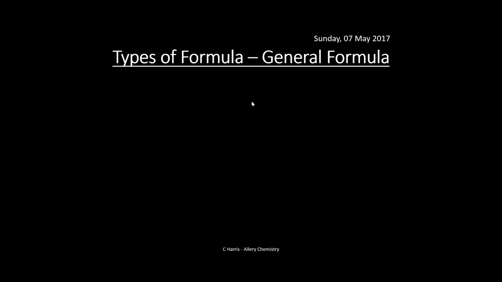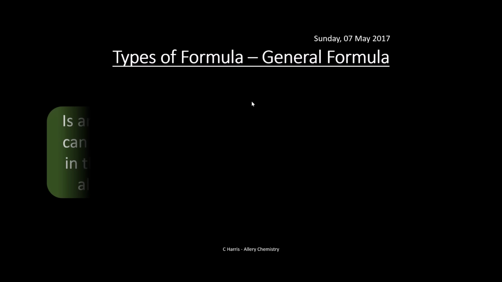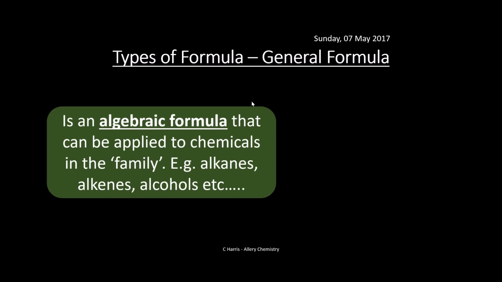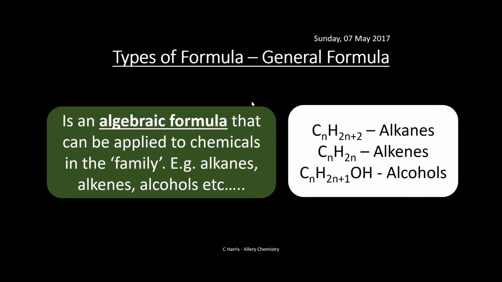We're going to look at the types of formula. There's a few of these. You need to know these formulas, and it's all about application in the exam. The general formula is an algebraic formula that can be applied to chemicals in the family, for example alkanes, alkenes, alcohols, etc. Here are some examples of general formulas.